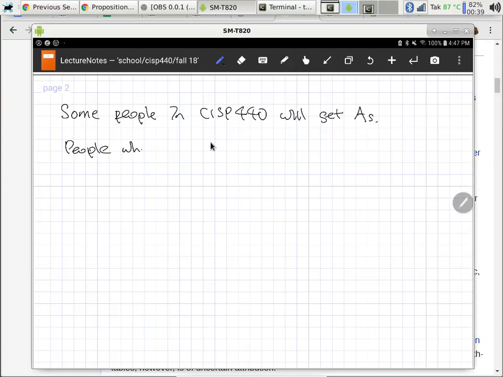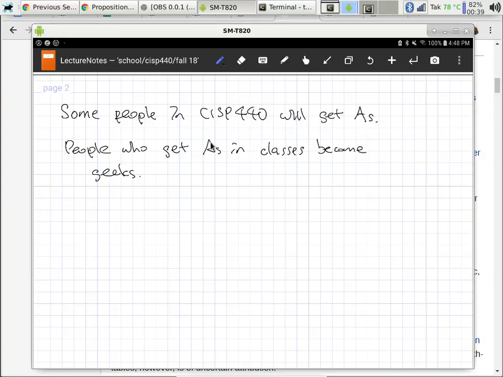People who get A's in classes become geeks. Okay? Now, the quantifiers are missing. So what do you think are the implied quantifiers? Let's start with the first one. Some people in CISP 440 will get A's.